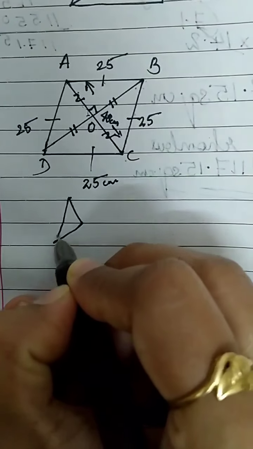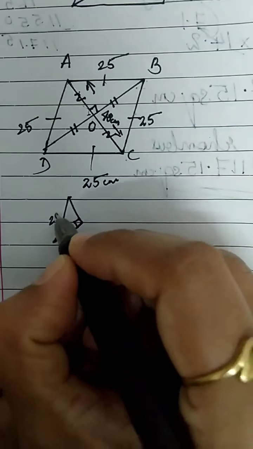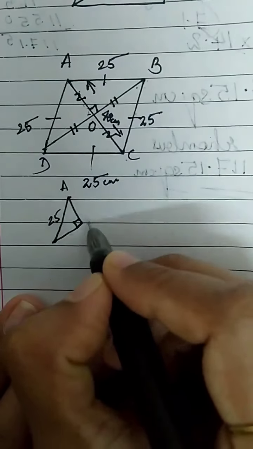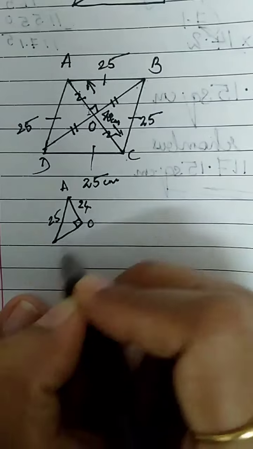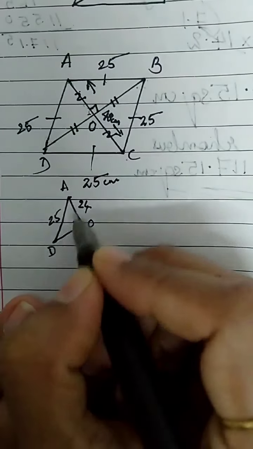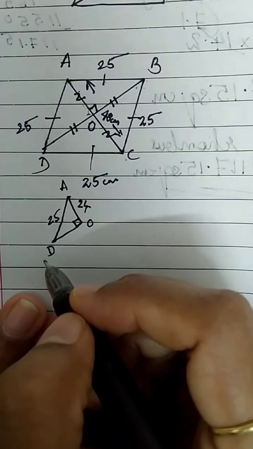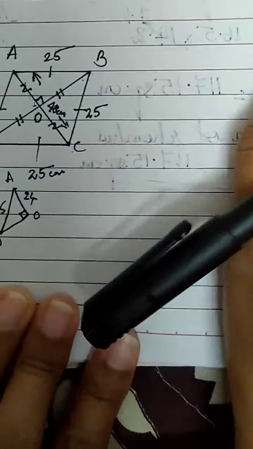Once again, I take it out and show you. This is that part of the right angle triangle. This is the hypotenuse, 25 centimeter. We know AO, it is half of 48, that is 24. Can you find OD by using the hypotenuse side test? Yes, easily we can find. But before that, we have to write all the other details. So let us write it beside.